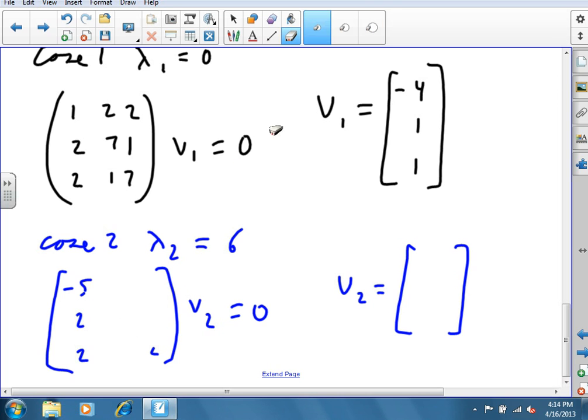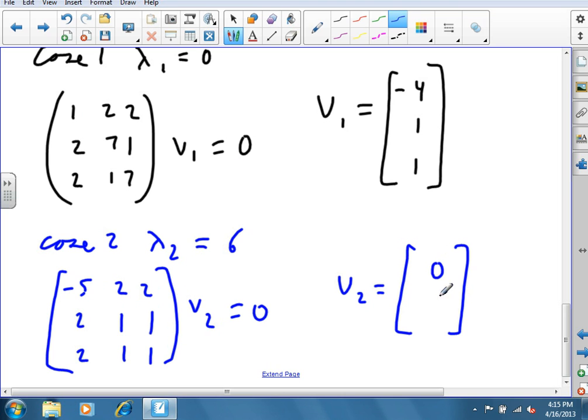Big marker, big eraser. Okay, so 6 minus 1, 1 minus 6 is 5, minus 5, 2, 2, that's a 1, that's a 1, that's a 1, that's a 1, 0 minus 1, 1. Okay, so if I did the A minus lambda I right, it'd be easier to see that, right?